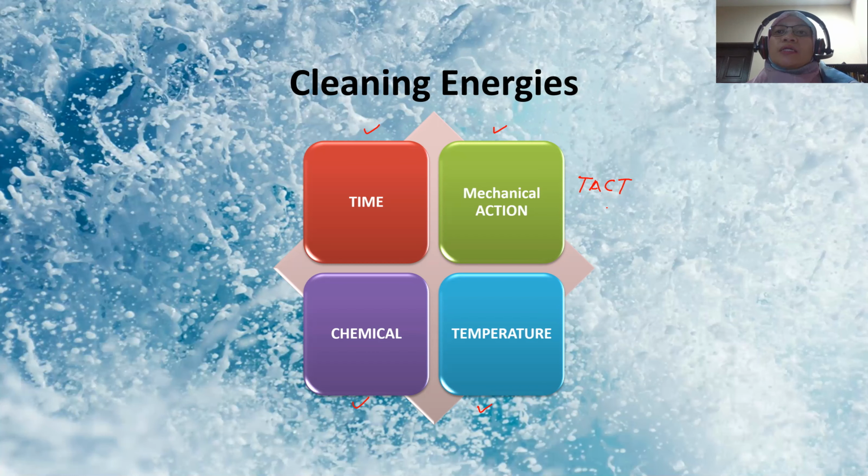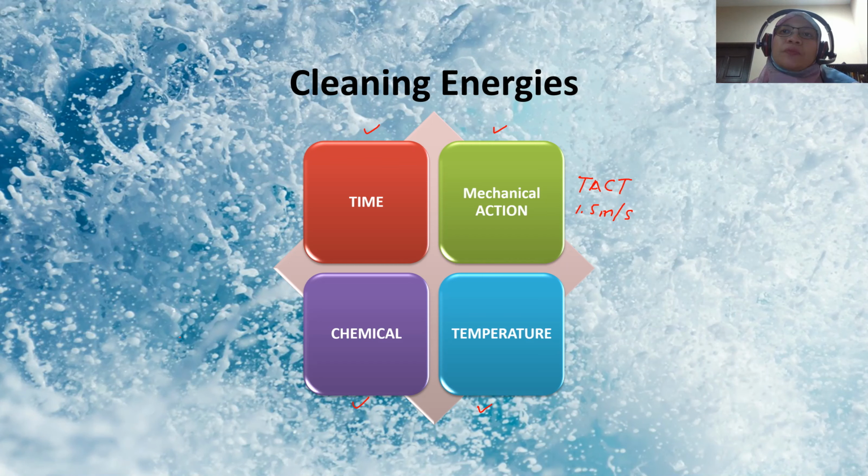Let me jot down something here. Normally for cleaning, the preferred flow rate to induce mechanical action is 1.5 to 2.5 meters per second inside the pipe. Now let's look at the chemical energy.